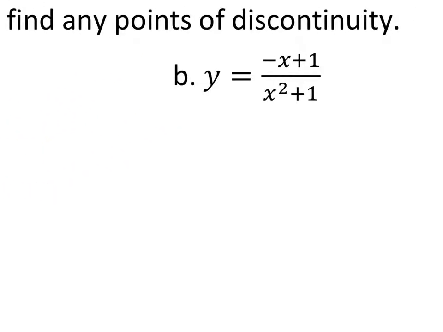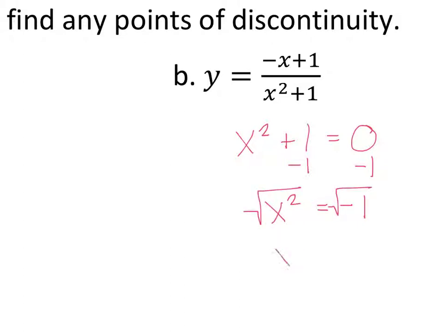So what do I set equal to 0? x squared plus 1, the denominator, very good. And how should we solve this? Since we don't have that middle term, the b term, we can just subtract 1 to the other side. Oh, but what happens when we take a square root? Imaginary number.